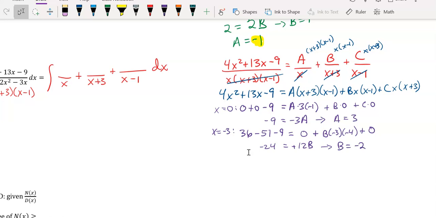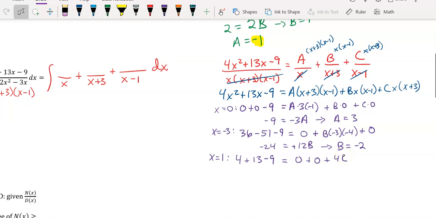Then repeat one more time with x equals 1 to solve for c. So if x equals 1, we have 4 times 1 plus 13 times 1 minus 9 equals a times, doesn't matter because this is a 0, plus b times, doesn't matter because this is 0, plus c times 1 times 4.